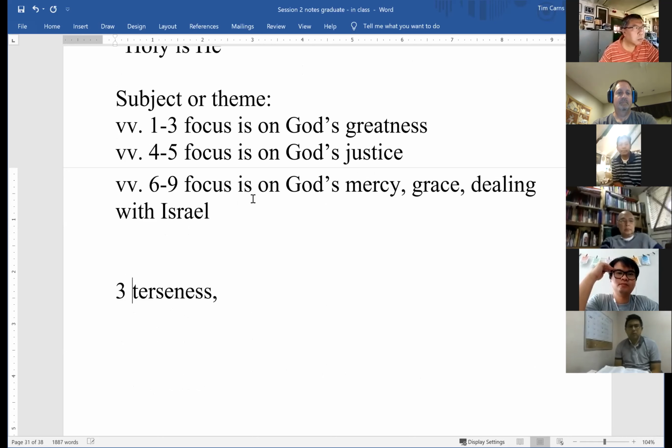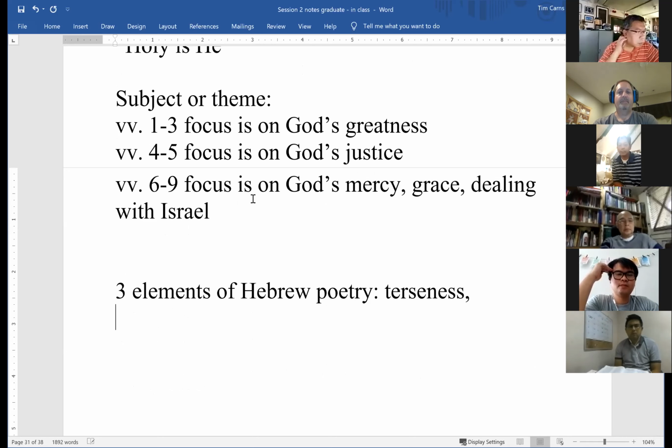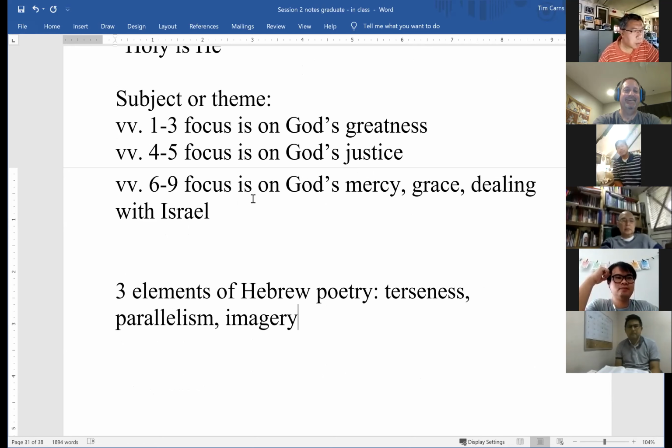The other one is parallelism. You can cheat and look on the notes if you want. The imagery, there you go. Yeah, the imagery. Thank you. 2 out of 3, that was good.